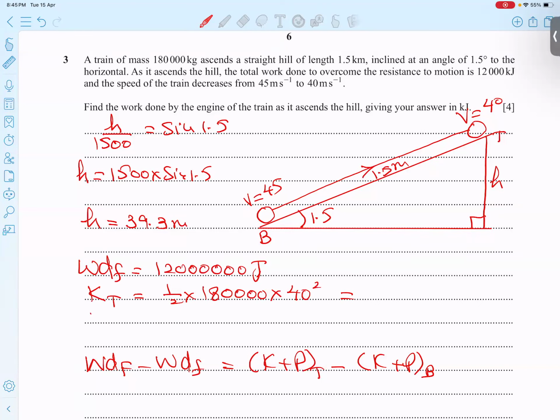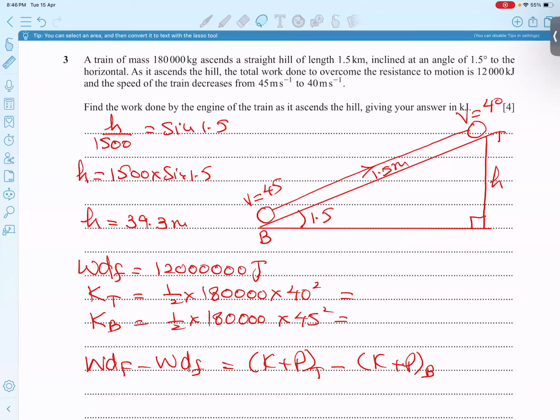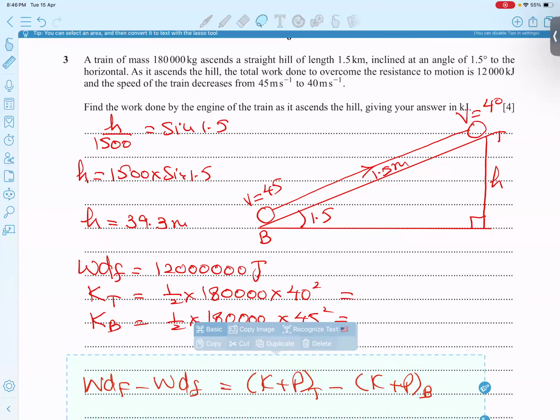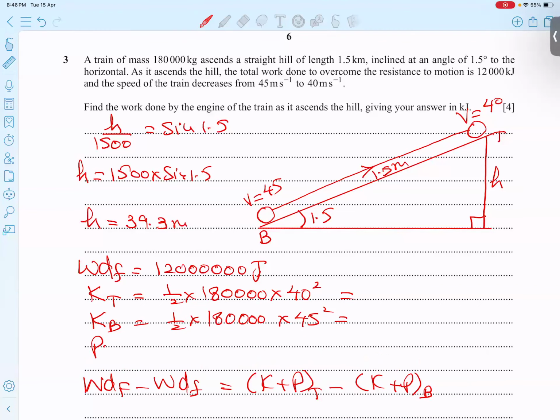Kinetic energy at the bottom, B, is the same with speed 45. One thing left, students, and that is potential energy, the basic formula mgh. M is this, g is 10, and the height I just got is 39.3. If I find all these one by one, it makes the question easier.